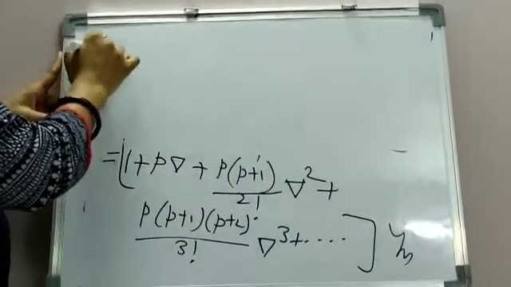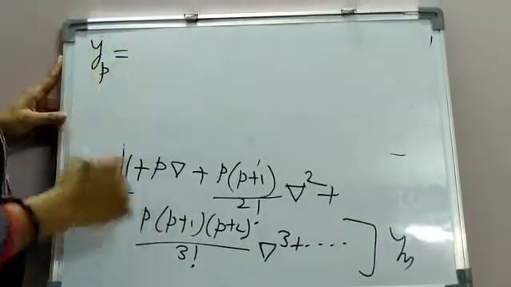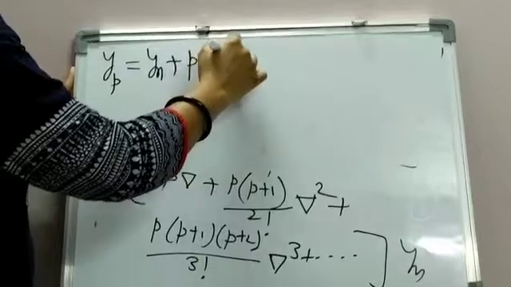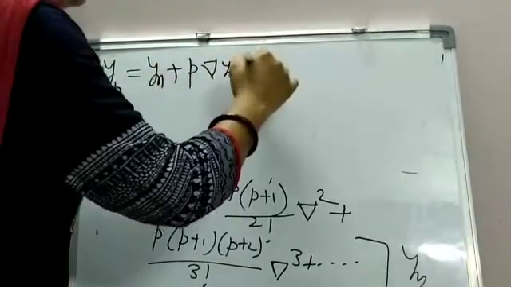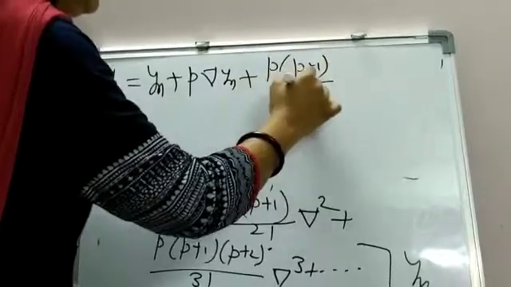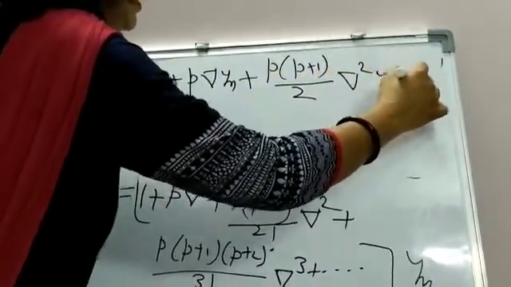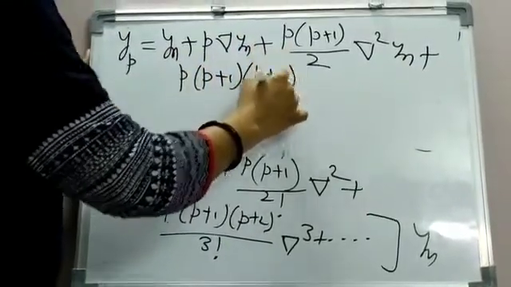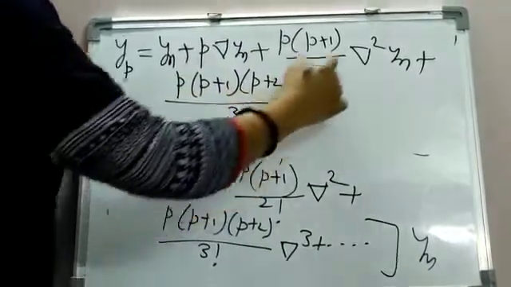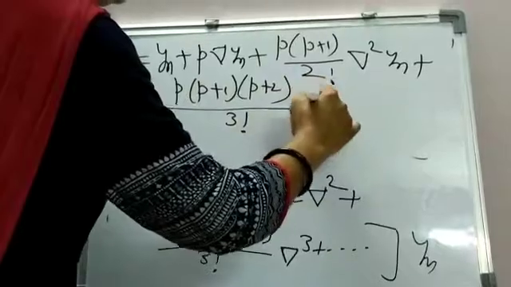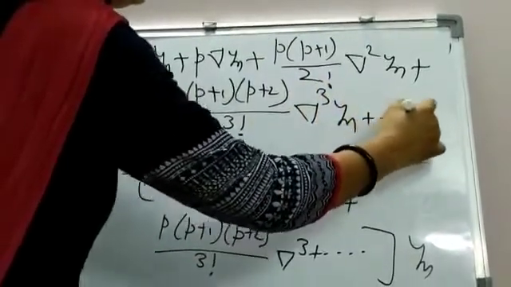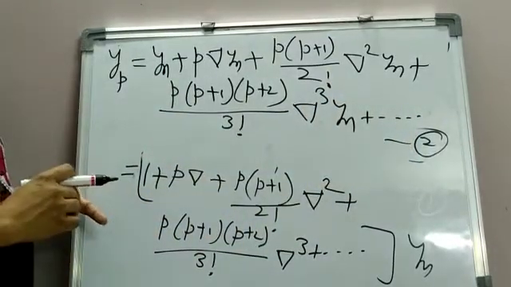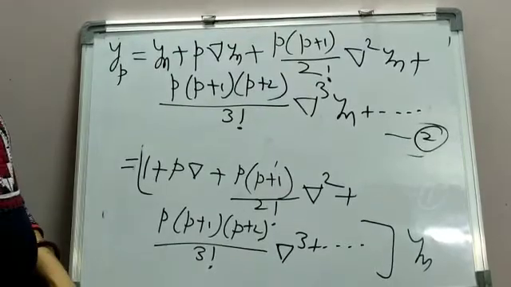So finally, the Newton backward difference formula says yp will be equal to yn plus p nabla yn, the backward difference, plus p(p plus 1) by 2 factorial nabla square yn, plus p(p plus 1)(p plus 2) divided by 3 factorial nabla cube of yn, plus and so on. If we name this equation number 2, this formula represents Newton's backward interpolation formula.